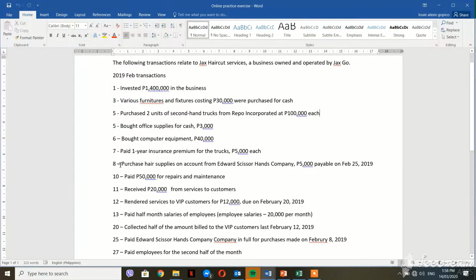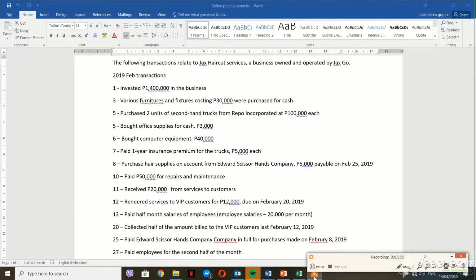February 8th, purchase hair supplies on account from Edward Scissorhands Company. So the amount is 5,000 pesos payable on February 25. Okay? So we bought now an asset, particularly supplies.